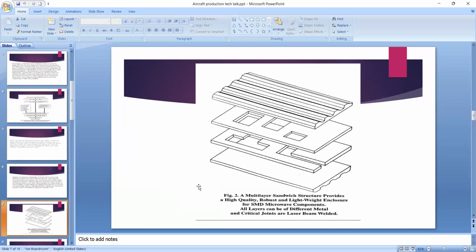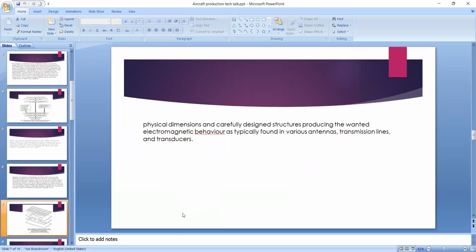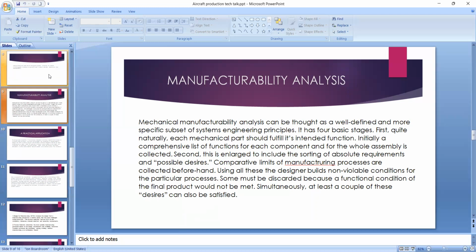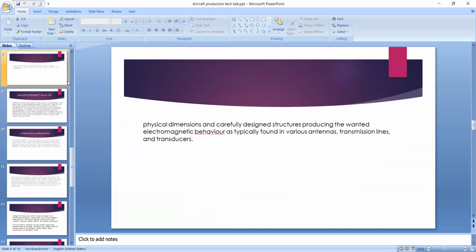All layers can be of different metal and critical joints are laser beam built. Physical dimensions and carefully designed structures produce the wanted electromagnetic behavior, as typically found in various antennas, transmission lines, and transducers.